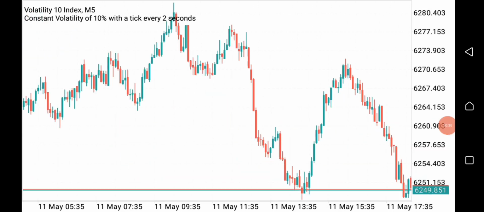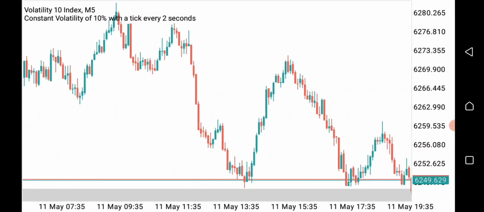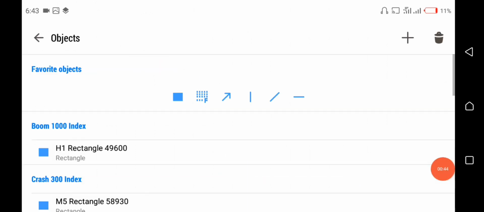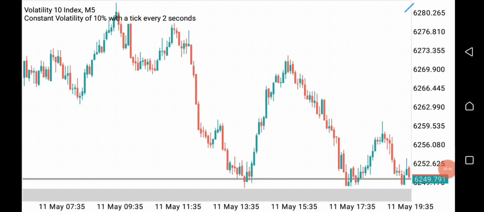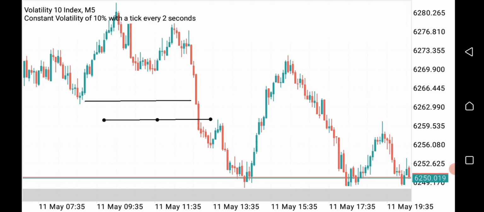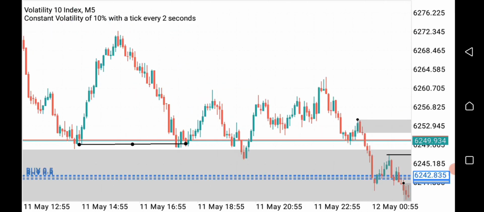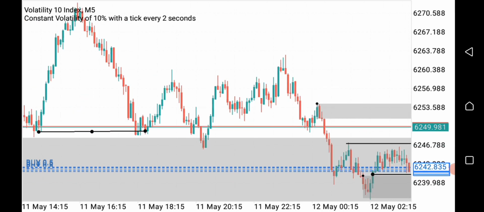From this 5 minutes time frame, it looks like we are coming down, right? You can see the series of breakout structures to the downside. You can see all these breakout structures. So they're coming down.